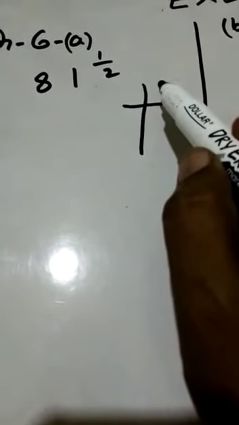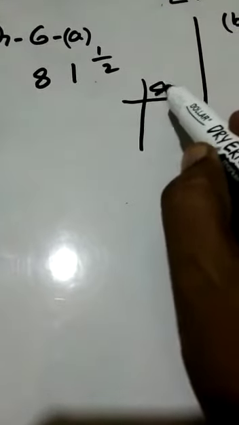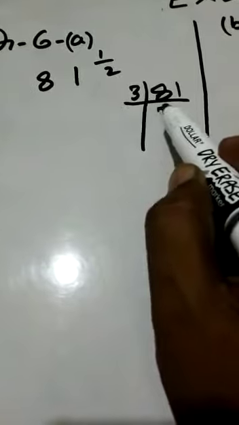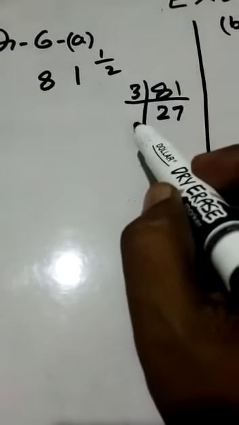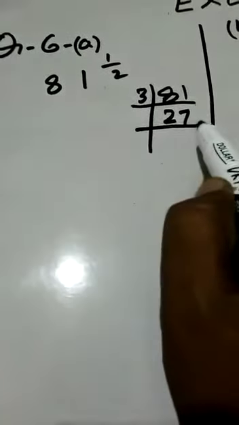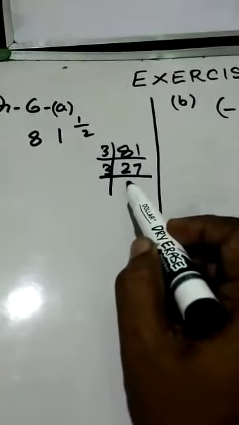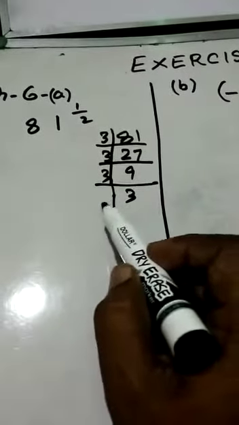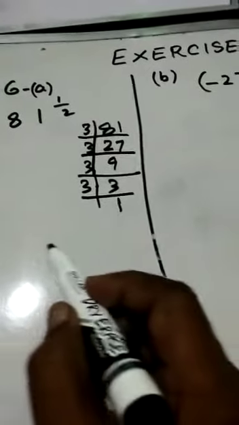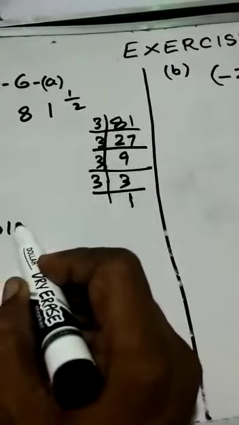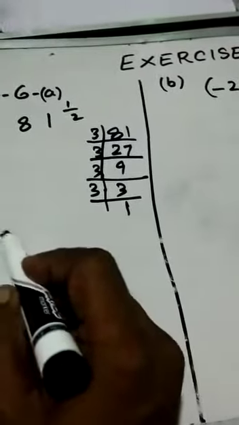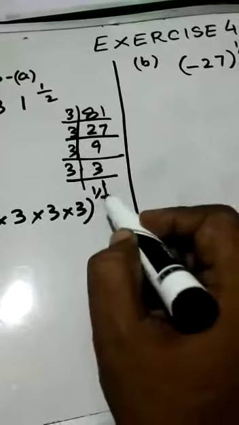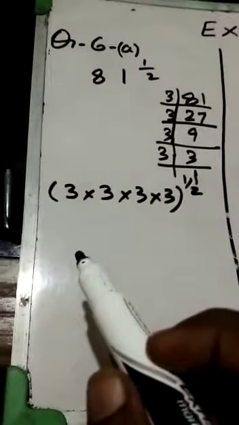We have 81 written inside. 3 2s are 6 and 3 7s are 21, then 3 9s are 27, and 3 3s are 9, and 3 1s are 3. So instead of 81 I can write four 3s, and there will be a half over here. So this can be replaced in this way.